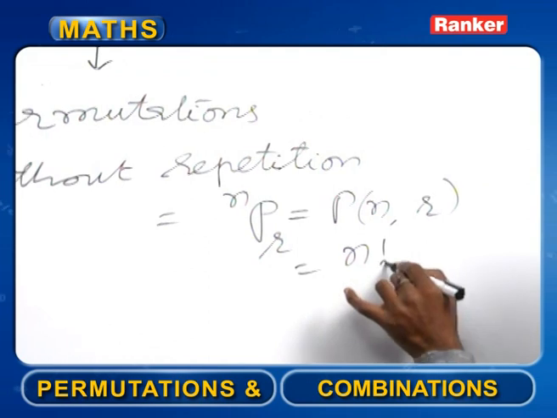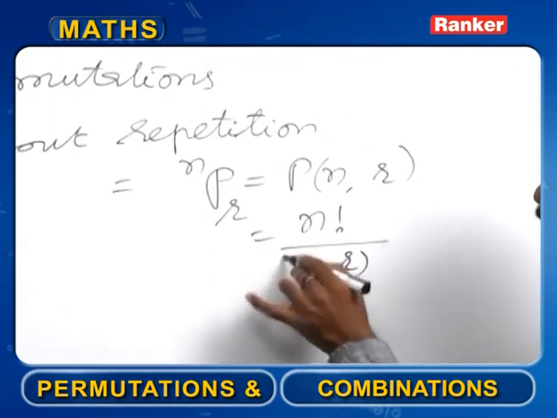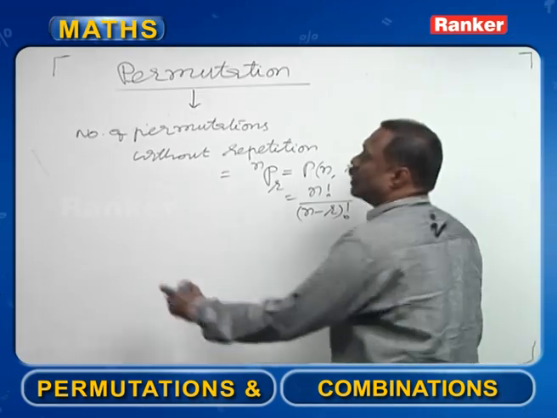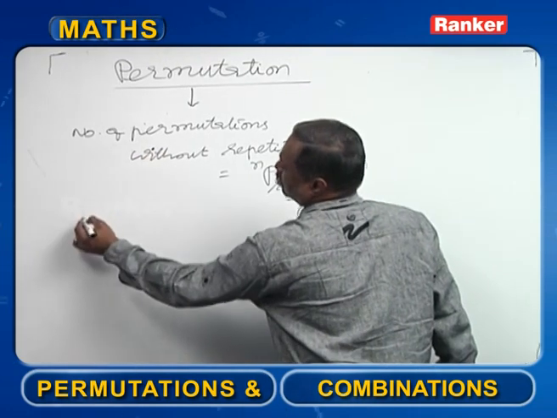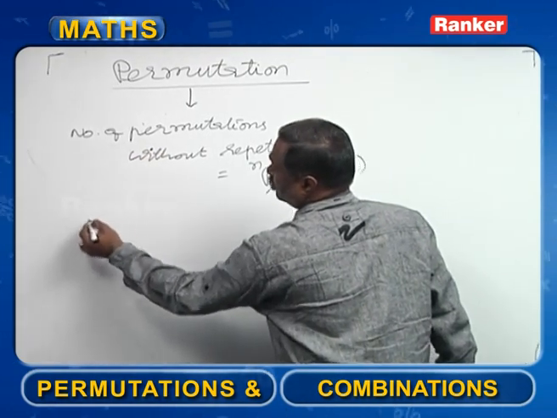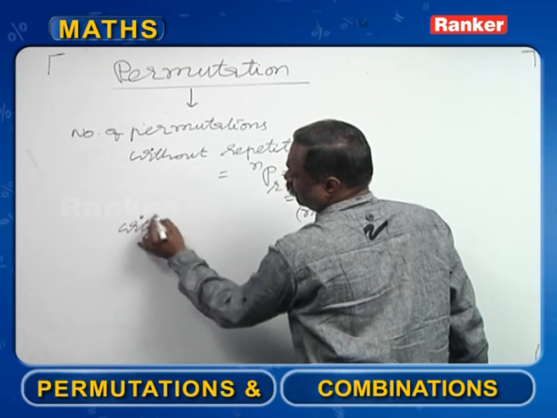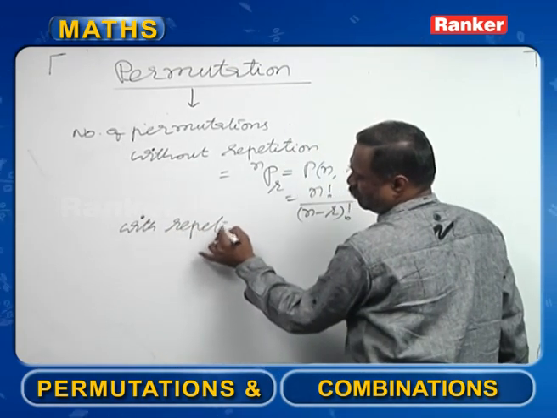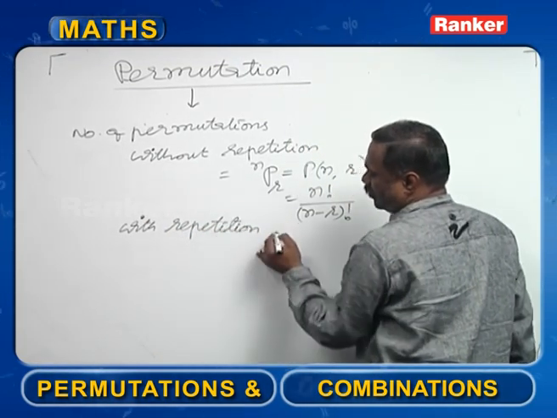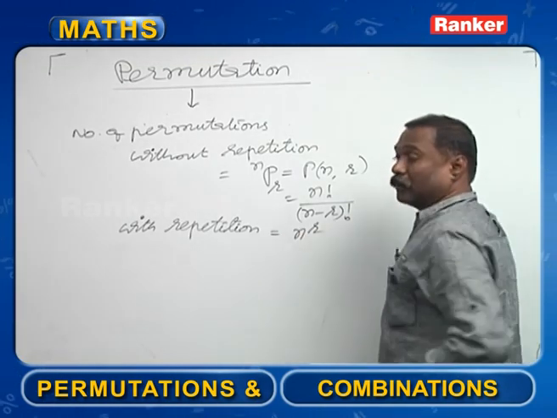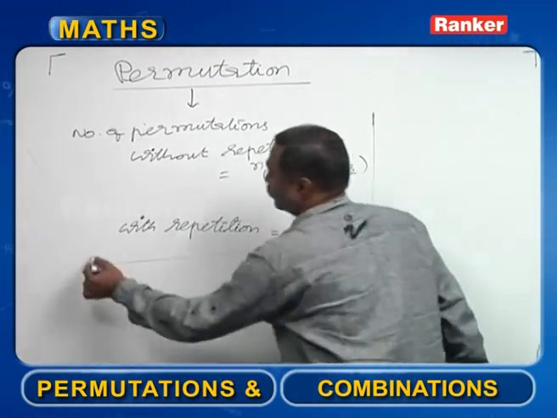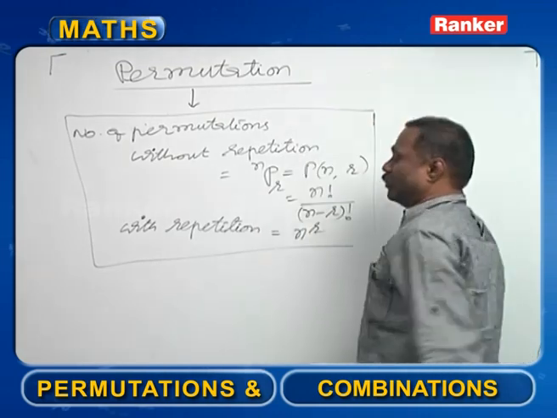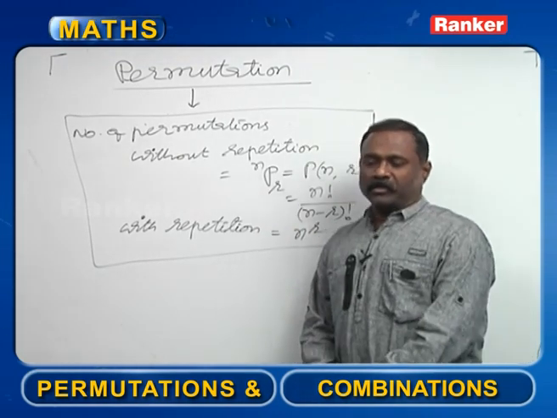And the formula we have just now derived is n factorial upon n minus r factorial. Number of permutations now with repetition is equal to n power r. So understand the difference here with repetition and without repetition.